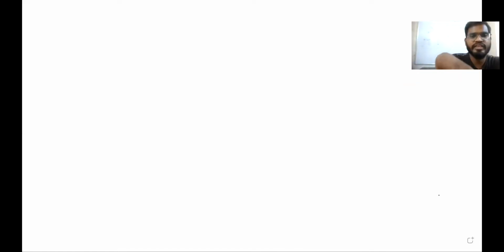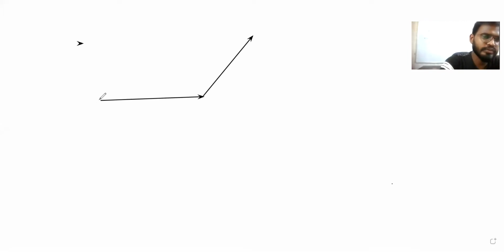Parallelogram law, if you will see, what was that? Tail to head, right? And then the second thing is, you will have to make a parallelogram.